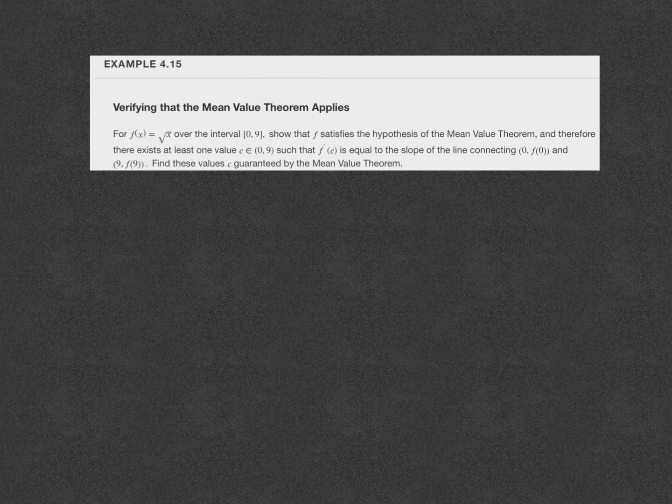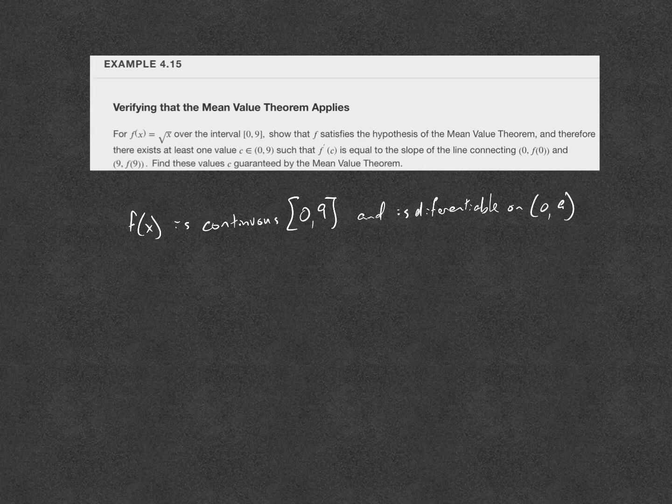But the function f of x, oops, how am I going to write this? F of x is defined and continuous on the closed interval from 0 to 9, and it is differentiable on the open interval from 0 to 9.